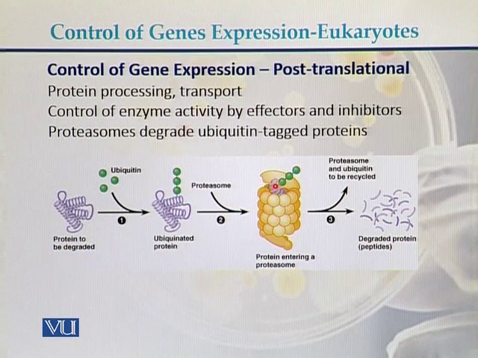This protein will enter into the proteasome, and the proteasome will degrade it into polypeptides. Proteasome and ubiquitin will be recycled, while the actual protein will be degraded into polypeptides, or it will no longer be functional. So this is another method by which genes can be controlled at the level of post-translation.